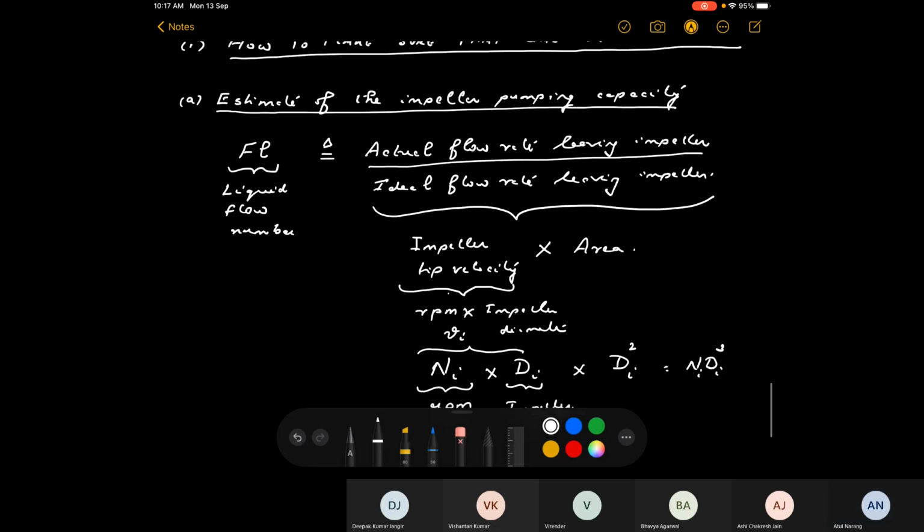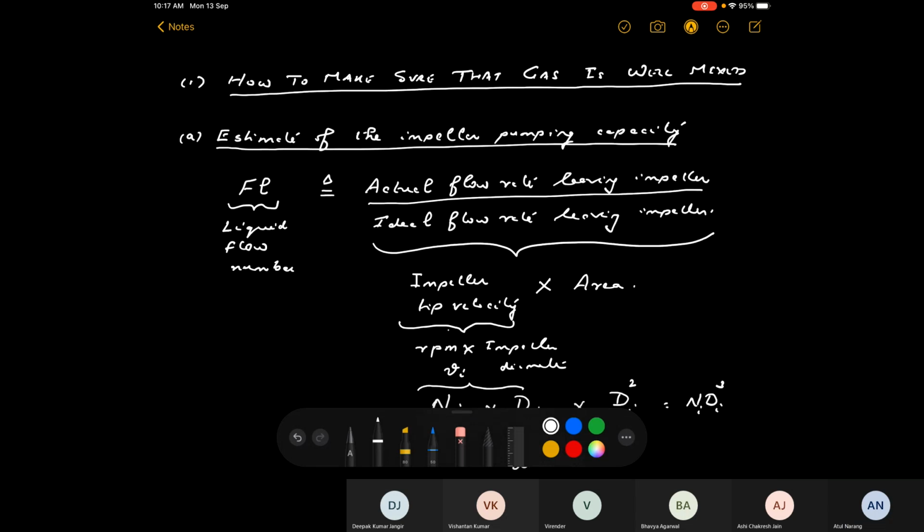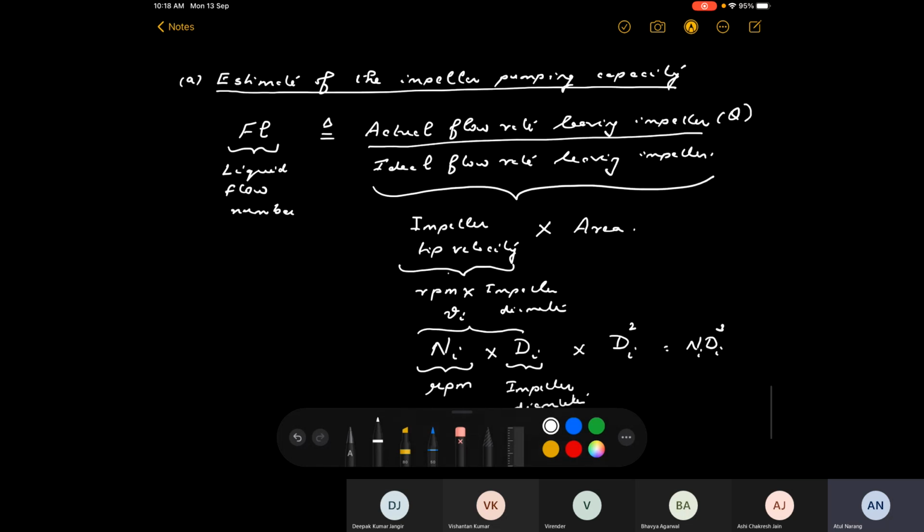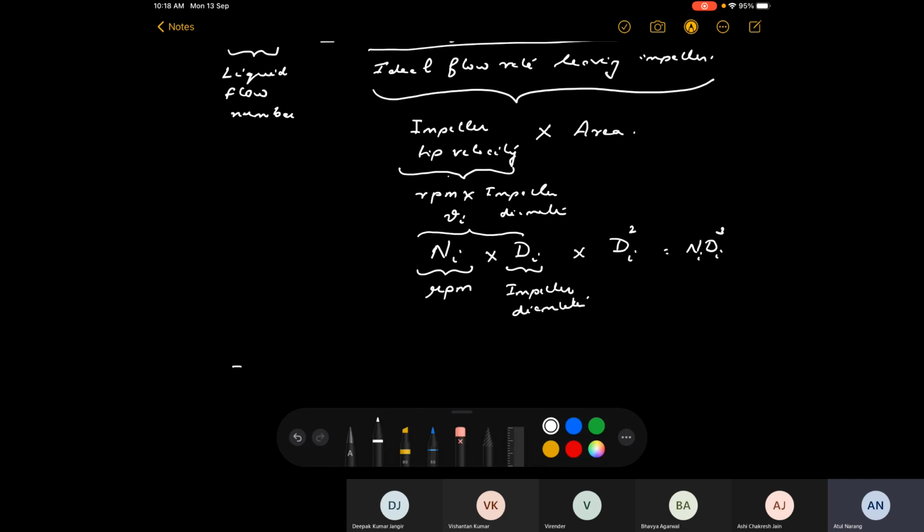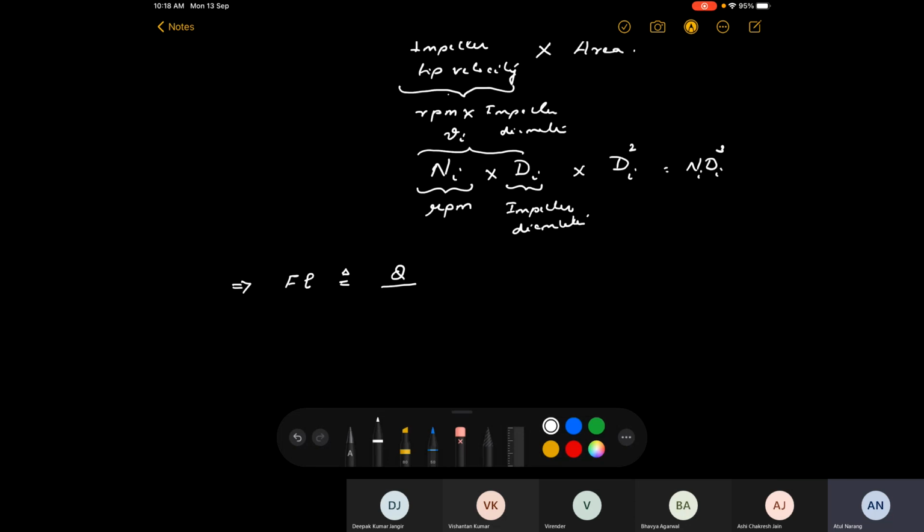And people have found, we can say this is Q. So according to our notation, we can rewrite this simply as FL defined as the actual flow rate Q divided by N sub I D sub I cubed.